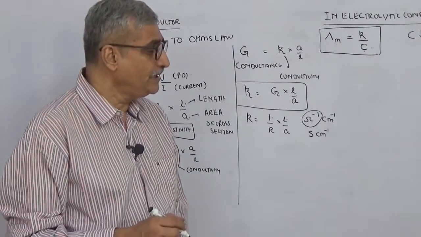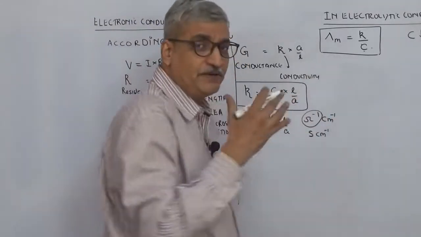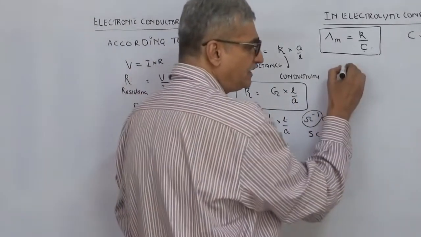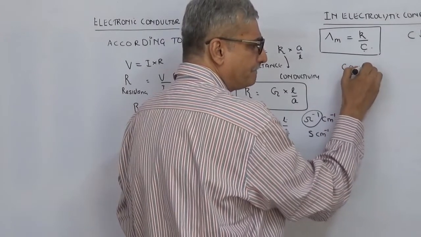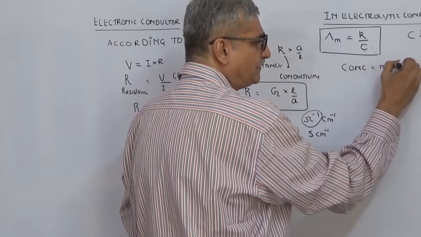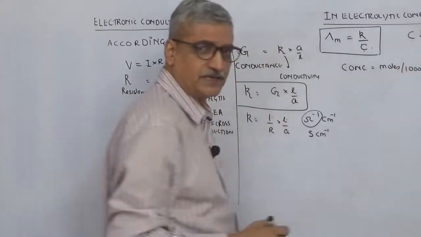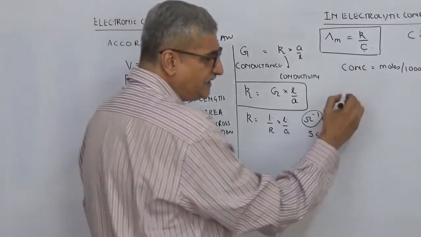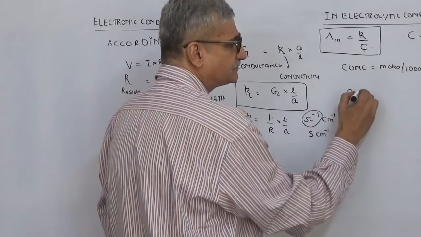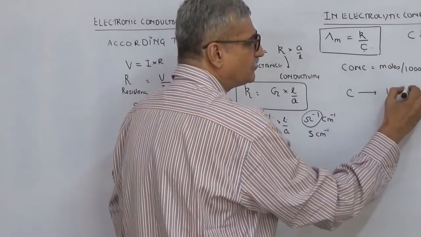Okay. But now what happens is, look, now we have to simplify this equation. See, concentration unit was moles per 1000 ml, moles per liter. So C is the concentration when the volume is 1000 ml.